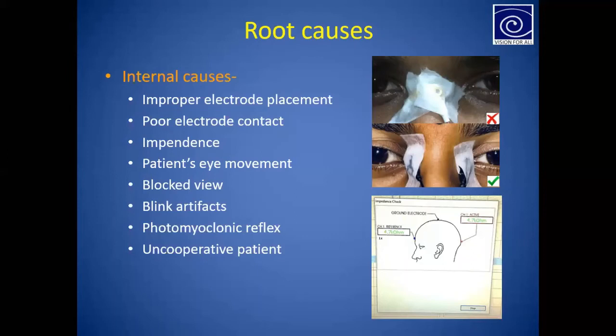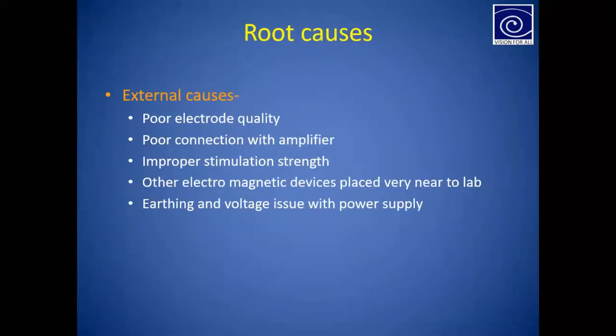And finally, the patient should be cooperative for a standard electrophysiological test. External or machine-related causes are like poor electrode quality. We should not use any electrode after its expiry date, or if the metallic coat of the electrode has faded or been destroyed. Even then, if you use that electrode, we will get severe noise.